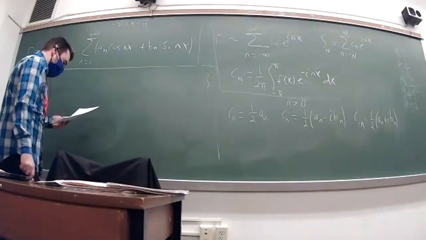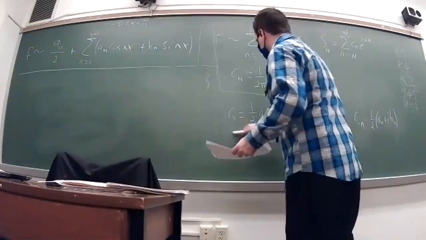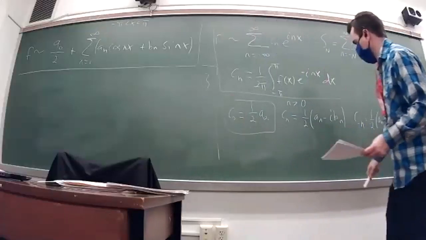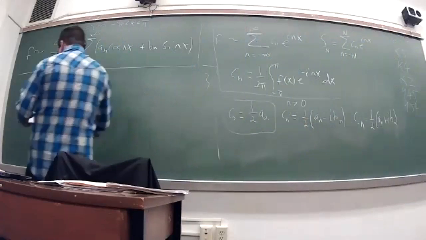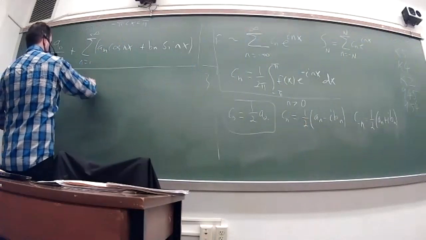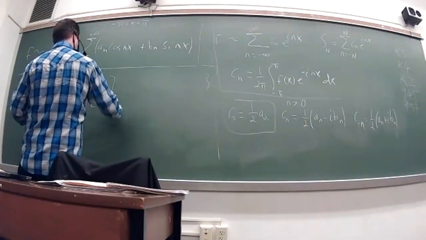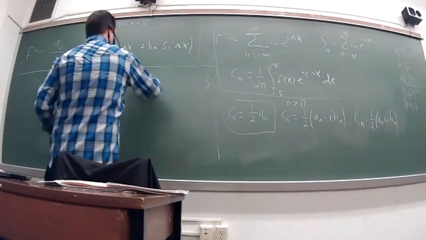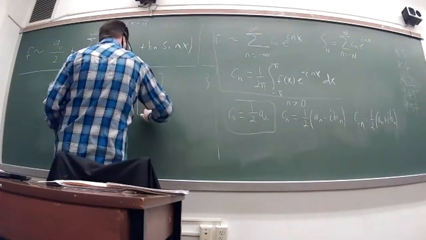I want to write down this system. This initial constant is special, but focusing on this, I want to write it as a system of equations, like a matrix times a vector: a matrix times a_n and b_n, giving me formulas for c_n and c minus n.